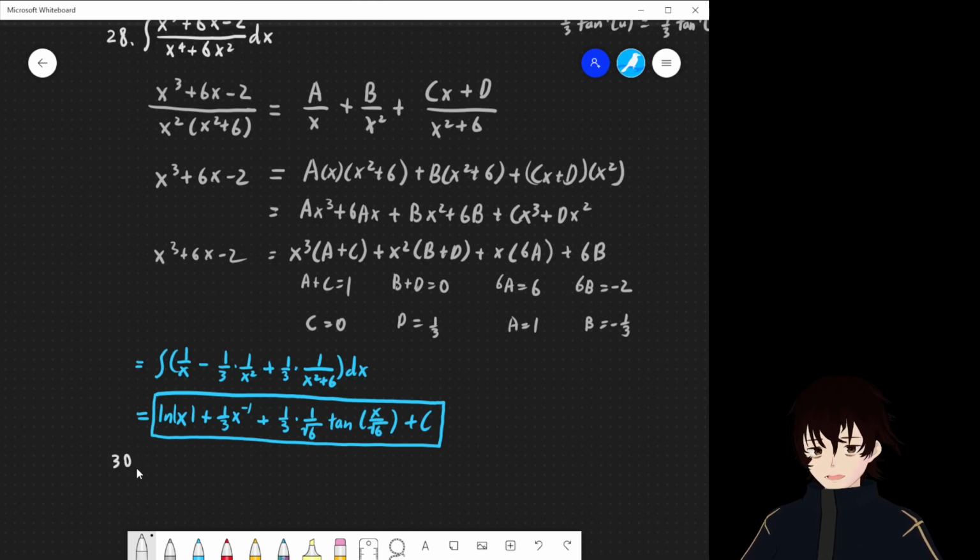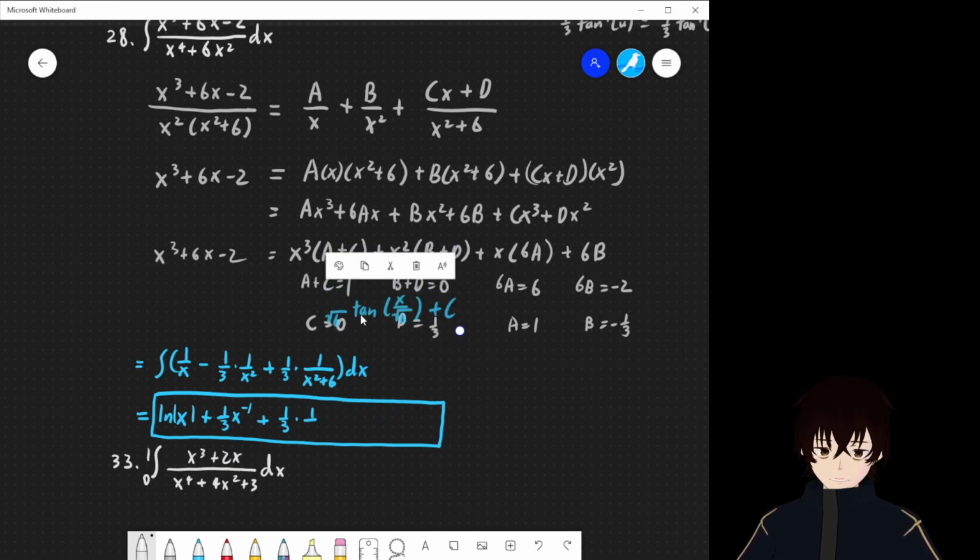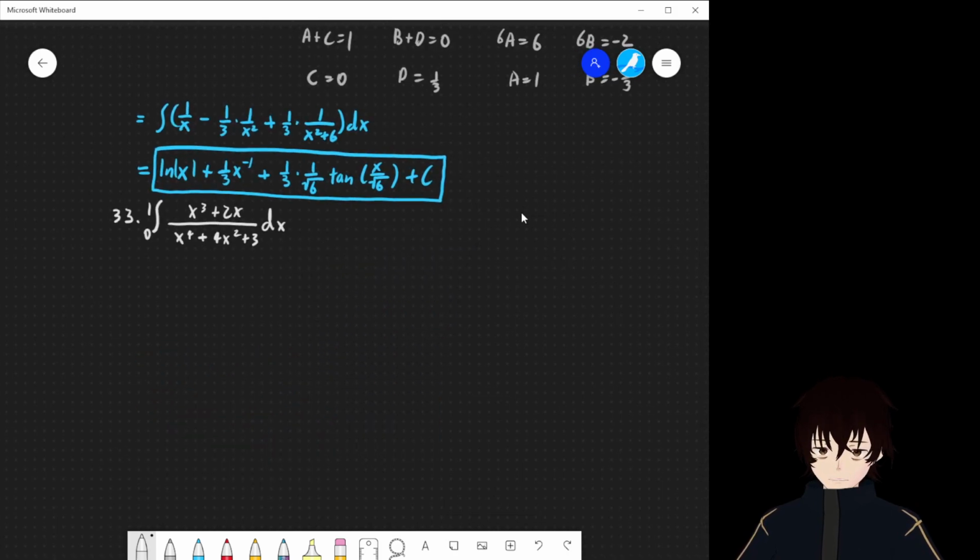So we have 30, no, not 30, 33. 33 wants to know the integral from 0 to 1 of x cubed plus 2x over x to the power of 4 plus 4x squared plus 3. Oops. I'm actually quite clueless how to solve this one.